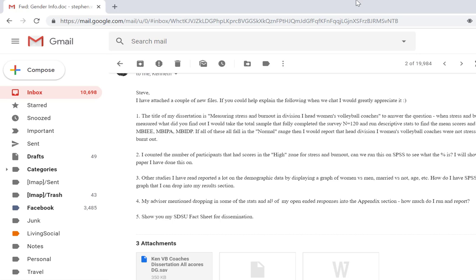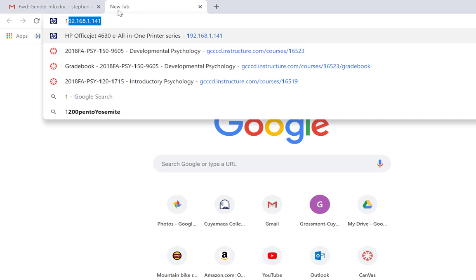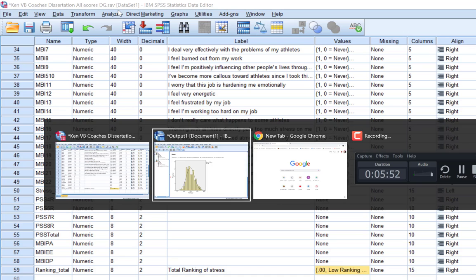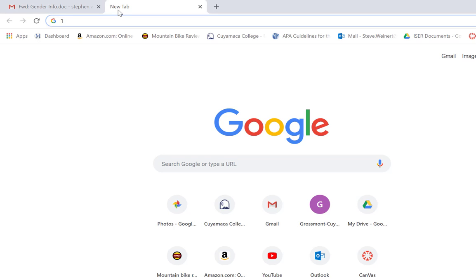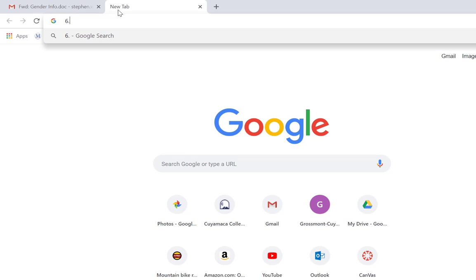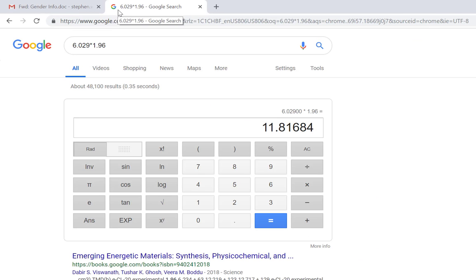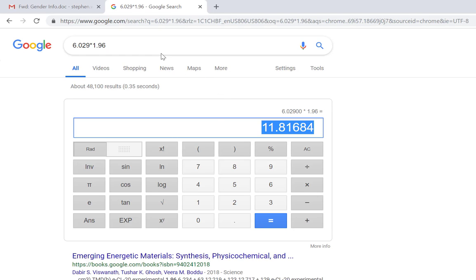What's the standard deviation again? 6.029. So 6.029 times 1.96. That's 2 standard deviations, or 95% of the distribution. So that's at 11.81. Which means we can go 11 points on either side.